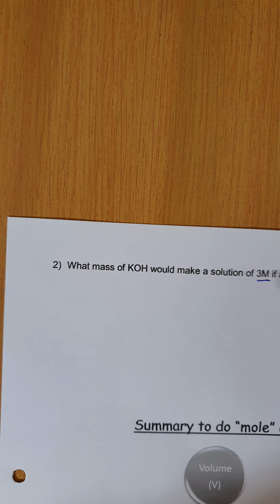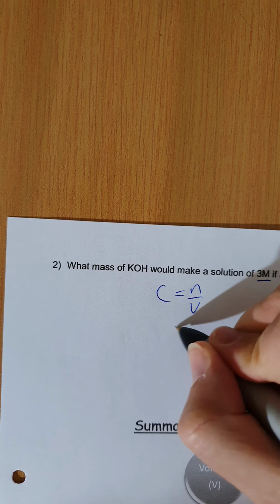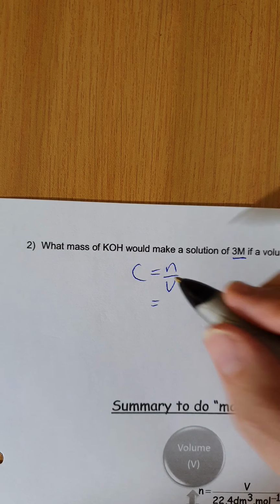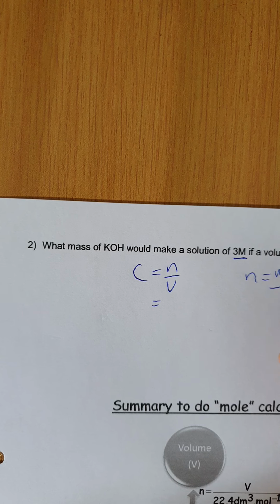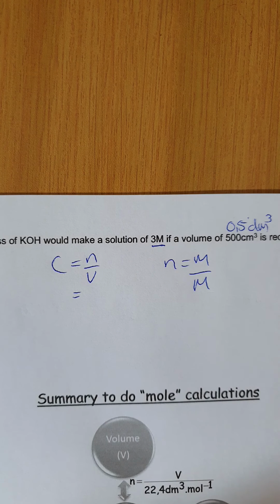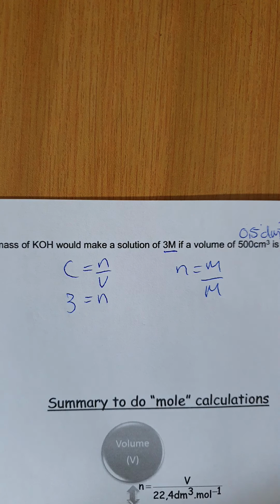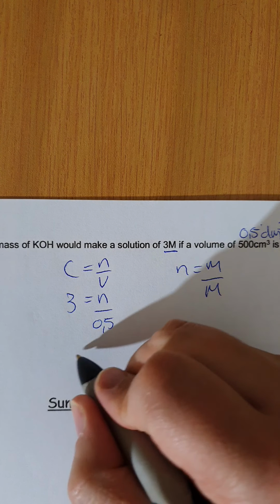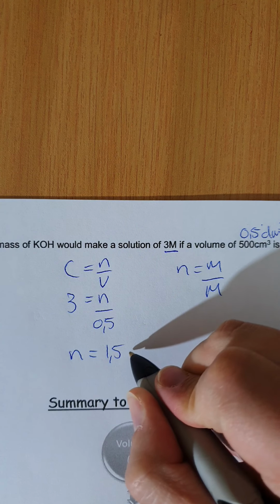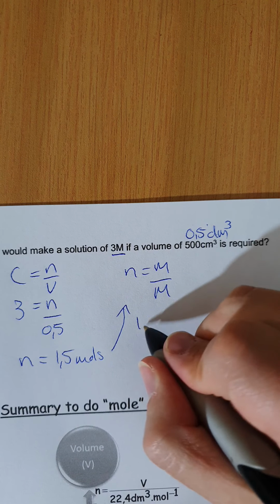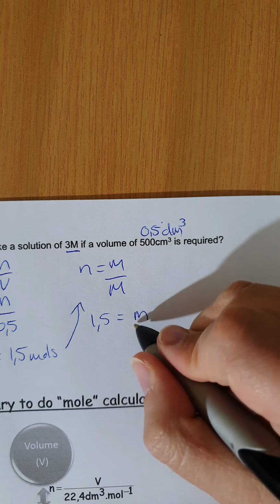Okay, so C is equal to n over V. We want to know the mass, so we need this equation, and so we need our number of moles. We know the concentration is 3, and we have a half. So timesing by half is like dividing by 2. So we get number of moles is equal to 1,5 moles. I need to get the mass.